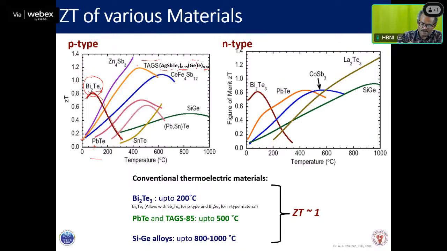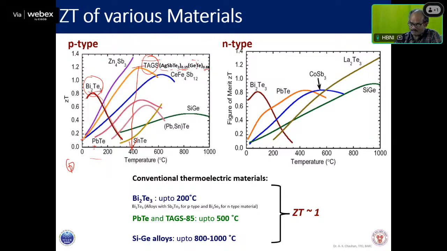You can see for this material, the ZT value is nearly 1.2 at 400 degrees difference or 400 Kelvin difference. So suppose I have a source at 400 degrees centigrade and another end at room temperature. Then I can use TAGS as the P-type material.